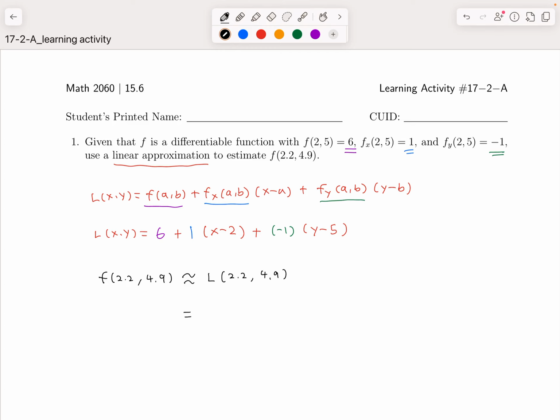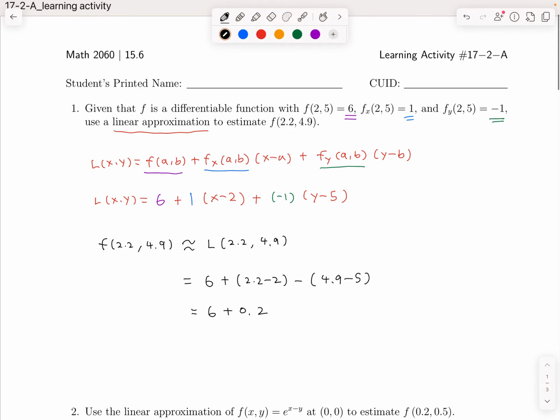Right here, I will just plug in 2.2 for x and 4.9 for y. So I have 6 plus 2 times 2.2 minus 2, minus 4 times 4.9 minus 5. So that should be 6 plus 0.2, and then minus negative 0.1. So we should have 6.3.